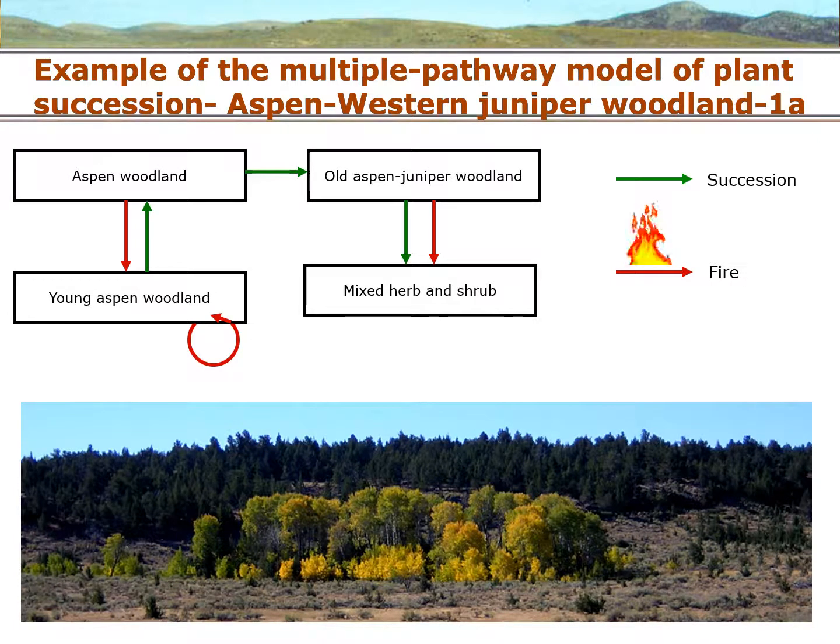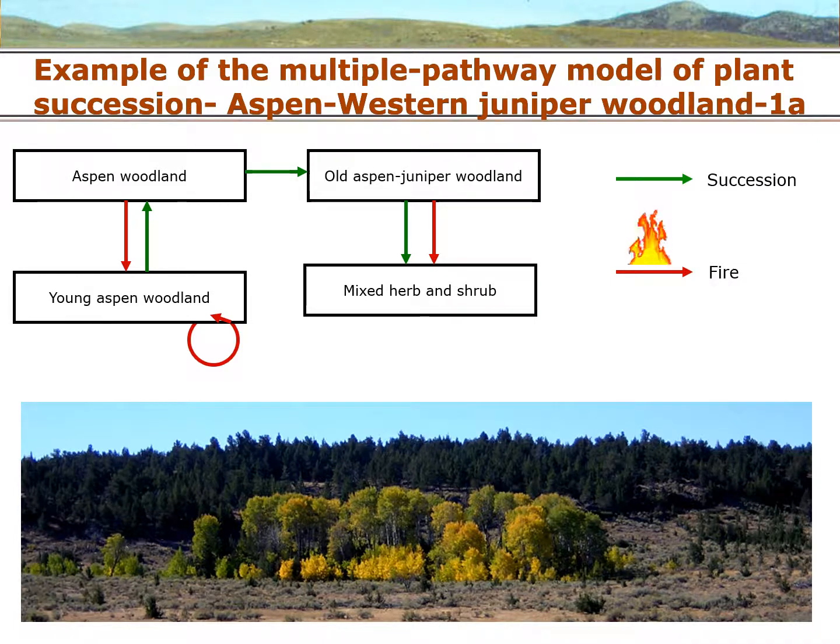If there is no fire in this seral aspen, we might go into something that looks more like an old aspen juniper woodland, and I would call it an old juniper aspen woodland, because the juniper would be the dominant species in there. And if that doesn't burn for decades or centuries or millennia, we may lose the aspen out of that juniper aspen stand.